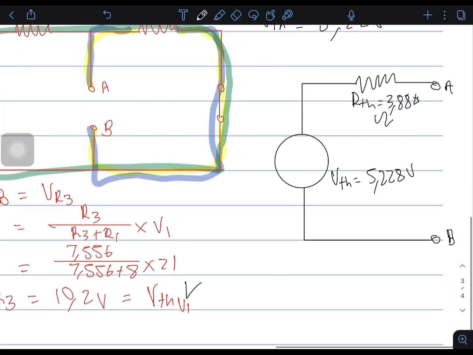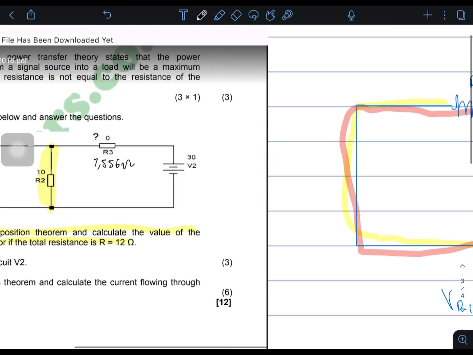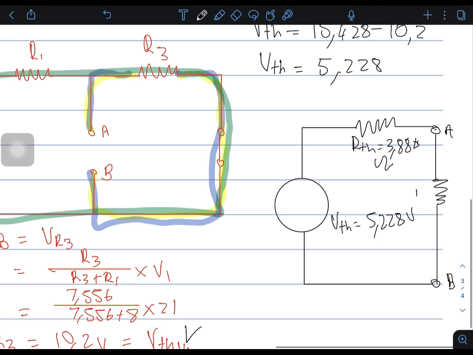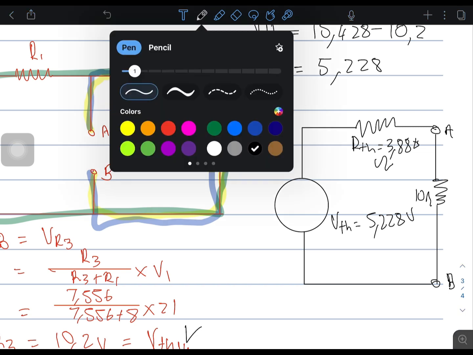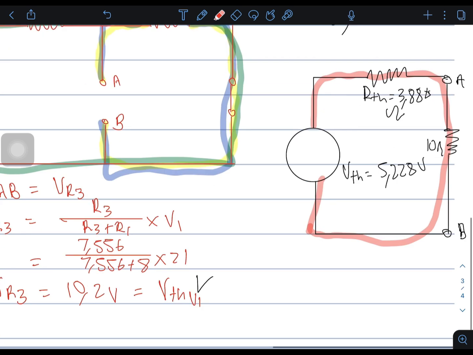And now we can put back our resistor of interest, which is that 10 ohm resistor, the one that we took out. When you're doing Thevenin theorem, you always end up with a series circuit.